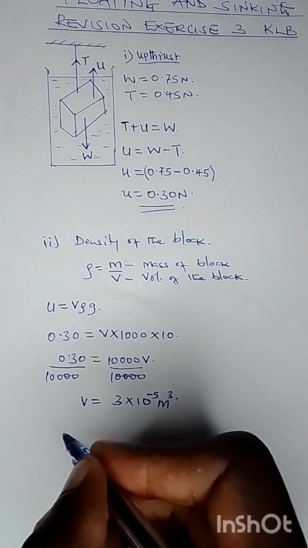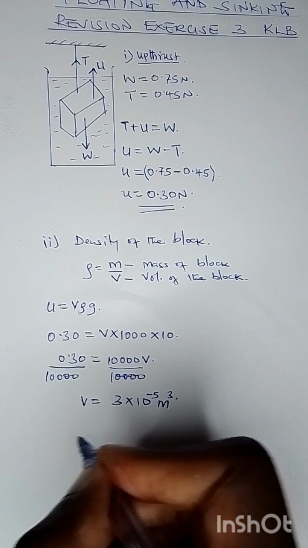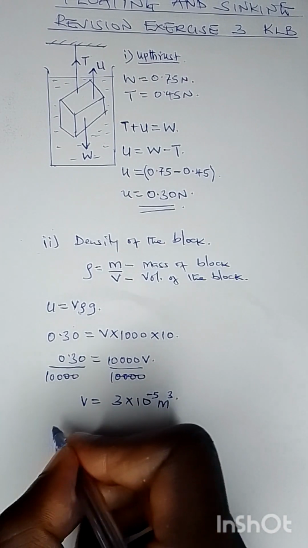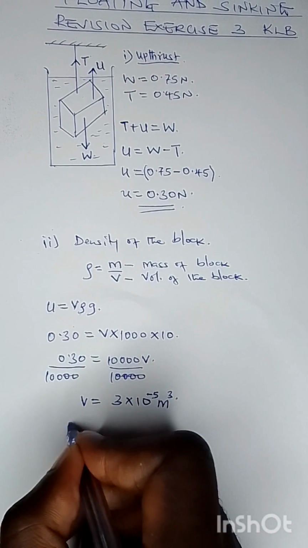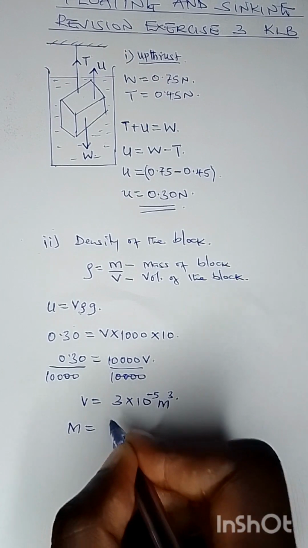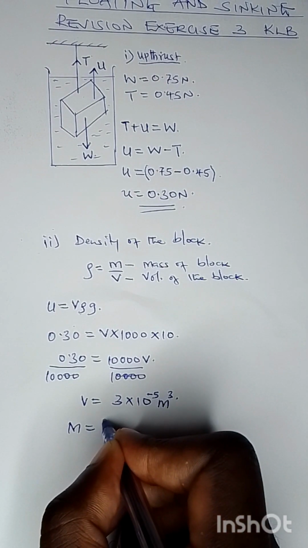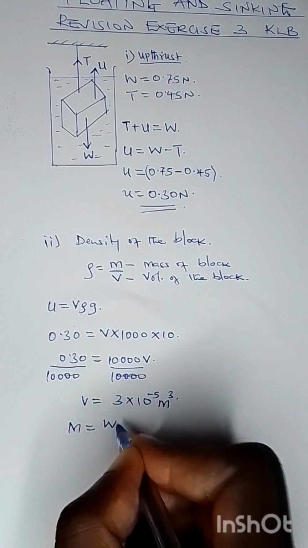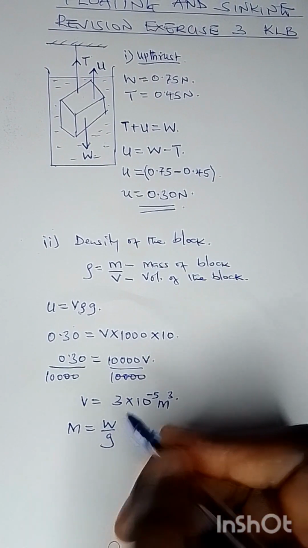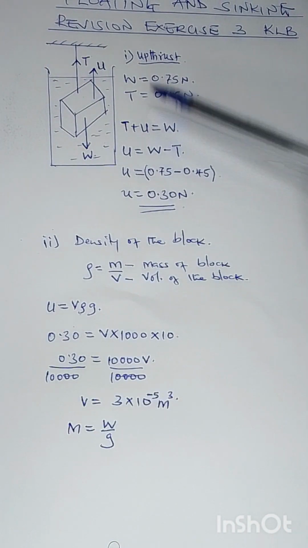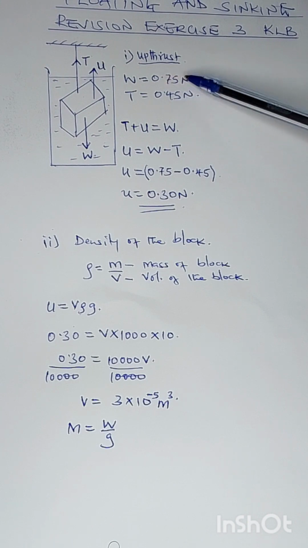Now we need to get the mass of this block. You know that mass is related to weight with the following: mass is equal to weight divided by g. You already told that the block weighs 0.75 newtons.